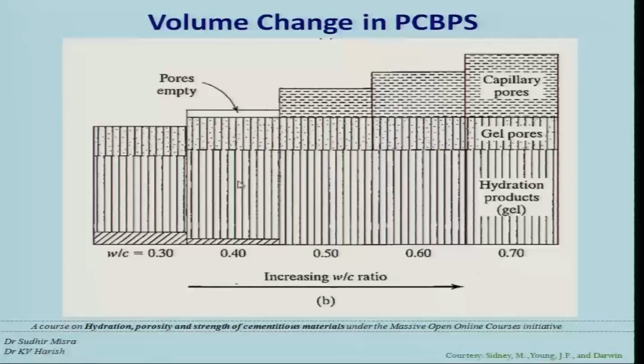Likewise, what is the matured system at alpha equal to 1 and water to cement ratio equal to 0.4. So the comparison here between different water cement ratios is basically a matured system, which means that alpha is 1 in all the cases.